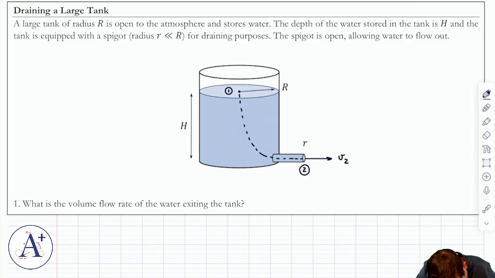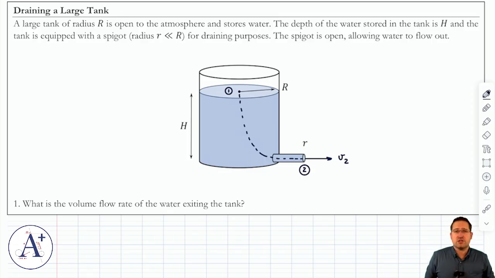This is going to be point 2. Now you might say, how do you know the shape? I don't really know the shape. The exact shape of this dotted line doesn't actually matter. What matters is that the dotted line connects point 1 to point 2.